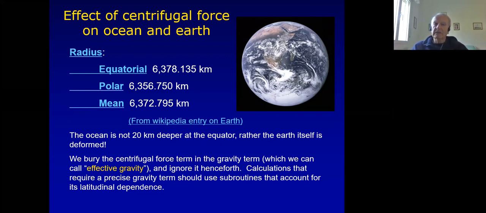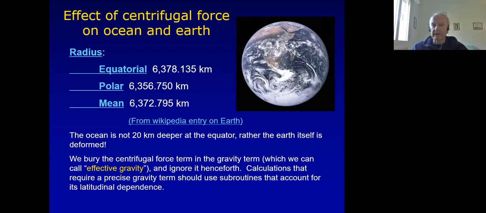But since the centrifugal force with respect to gravity is two or even more orders of magnitude smaller, we simply bury the centrifugal force term in the gravity term, call this effective gravity, and from now on we ignore the centrifugal force.